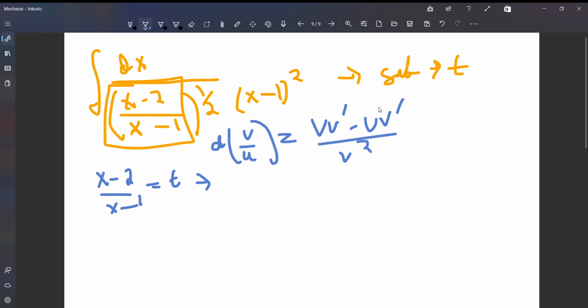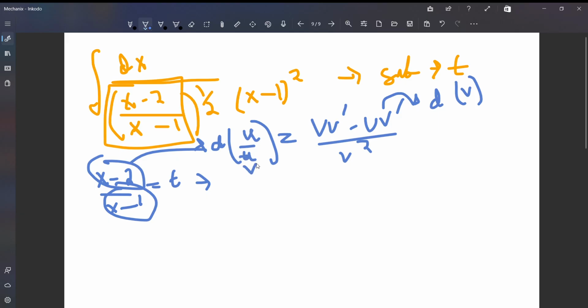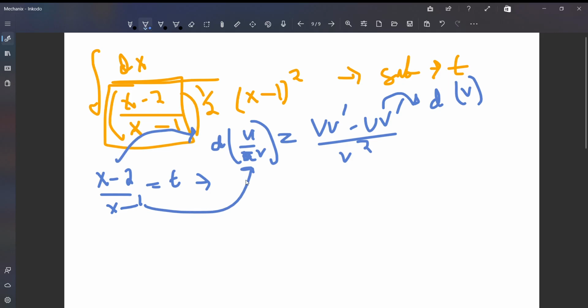As earlier discussed in the video, v dash is actually the derivative of v, right? So similarly, I'm sorry, in u by v here, u is our x minus 2 and x minus 1 is our v. So x minus 2 is our u and x minus 1 is our v, and let us substitute this into our formula.